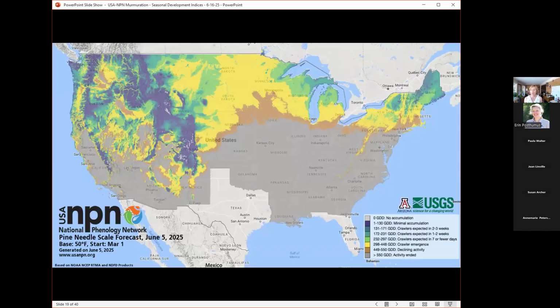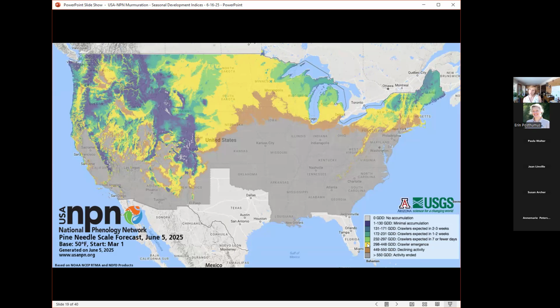And so going back to the map that I showed you at the beginning, which is this pine needle scale forecast, our map is indicating the locations where we think that pine needle scale crawlers are starting to emerge and should be treated. If we go look at the legend on this map, I didn't really draw your attention to this before.